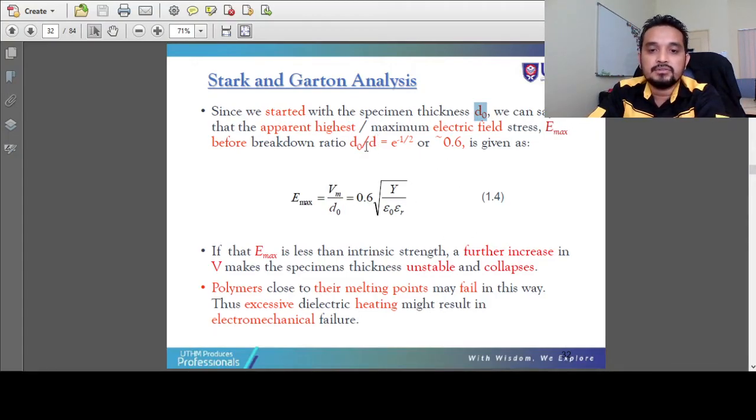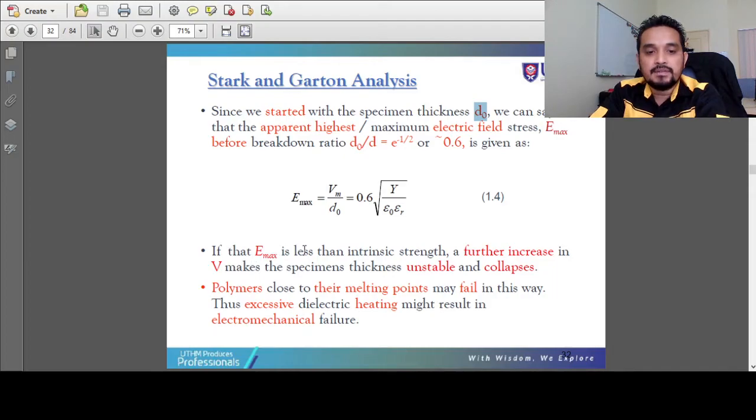So we put the value straight away: D naught over D equals 0.6. Then it makes the calculation of E max, the maximum electric field, easier for us.